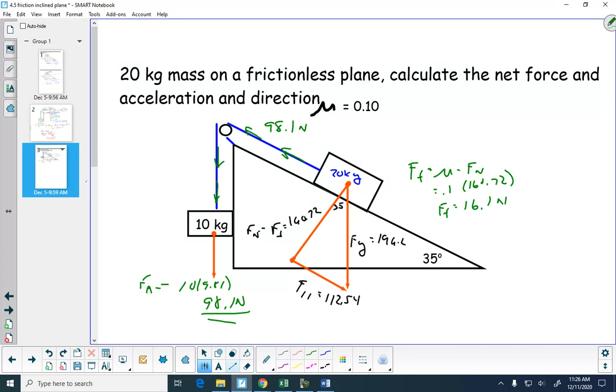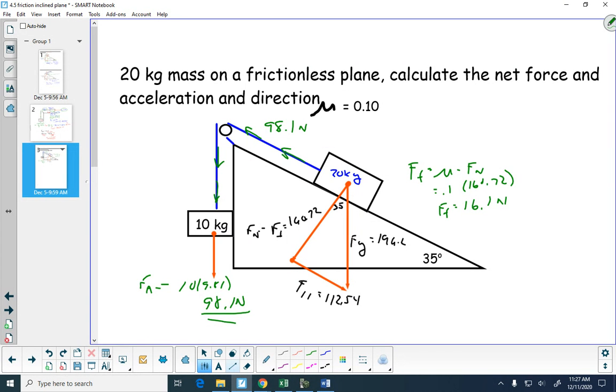The question is, which direction is this mass going to move? Which direction does it want to move? Oh boy, I'm going to run into a problem here. Ozzy, which direction does this object want to move?